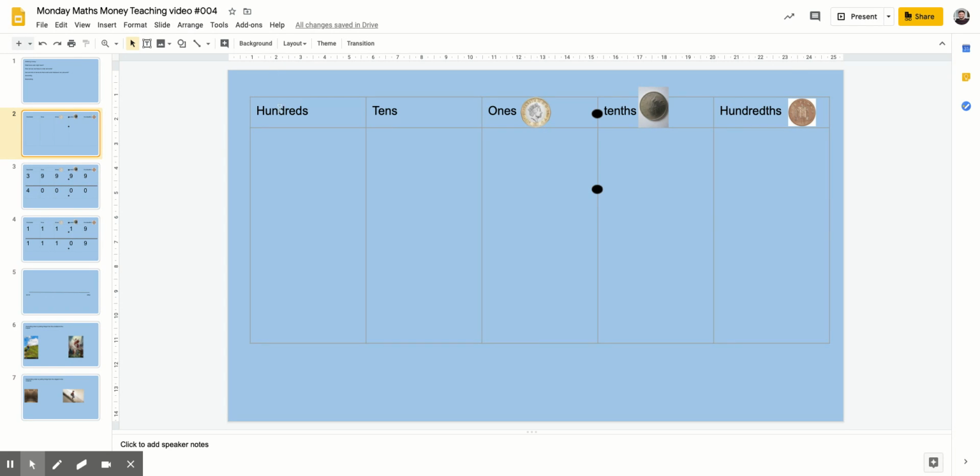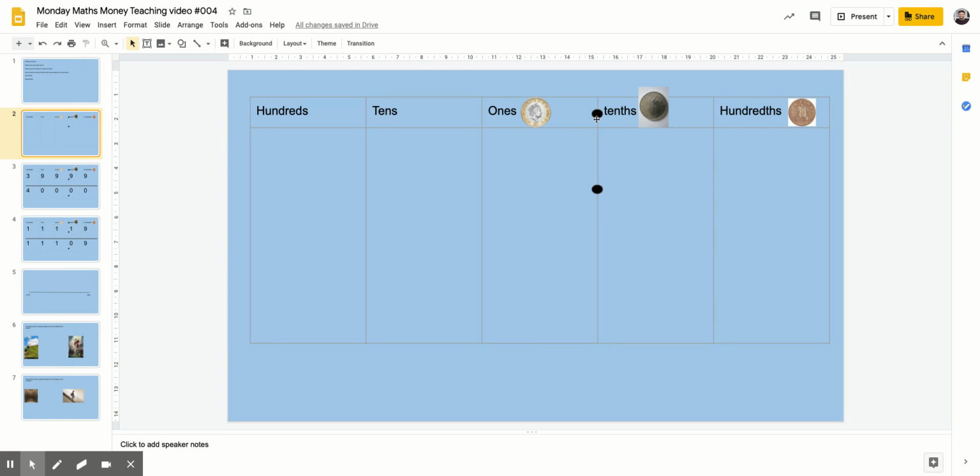So if we start on the left hand side, we've got the highest value possible here, which is the hundreds. That's worth the most here. We've then got the tens, so we'll have our £10 notes and our £5 notes if you've got more than one of them to add up there. We've then got the ones, which are our £1 and £2, all the way up to £9.